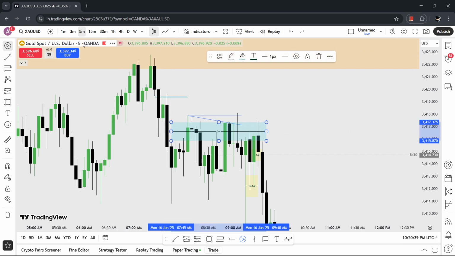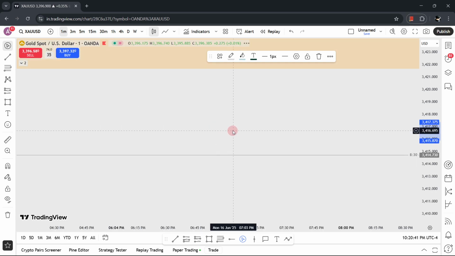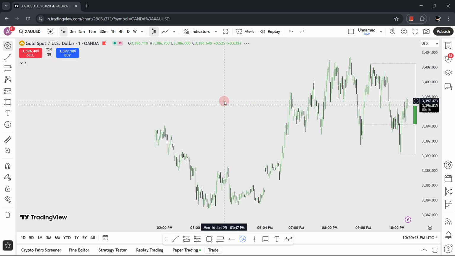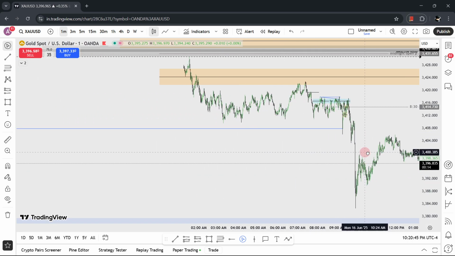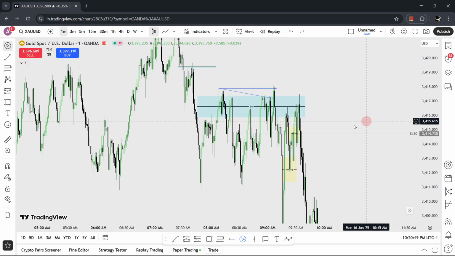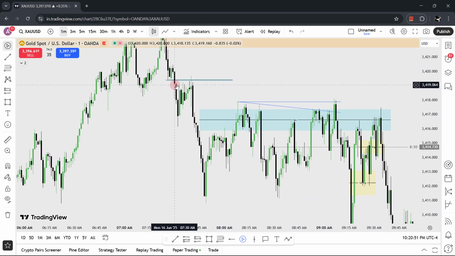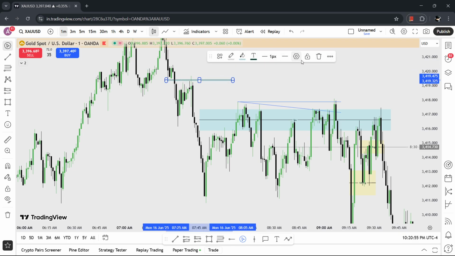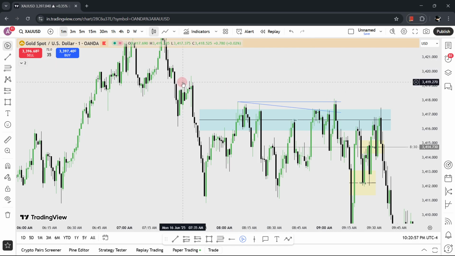So going to this 1 minute, we have short term highs here. This is the first entry, the 5 minute fair value gap. We have some short term highs here. Took that high, broke down, creating another structure shift here, making this a very short block.